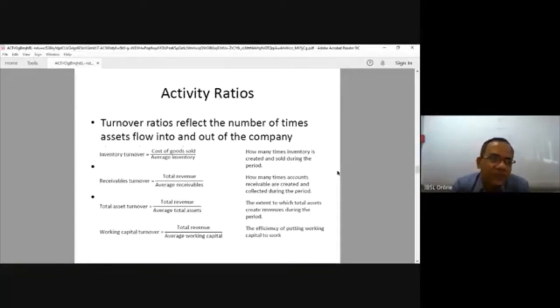That shows whether the business is turning over. So that is about the activity ratios. We will do a couple of past papers in the next classes so that you will understand. That's about the turnover ratio.